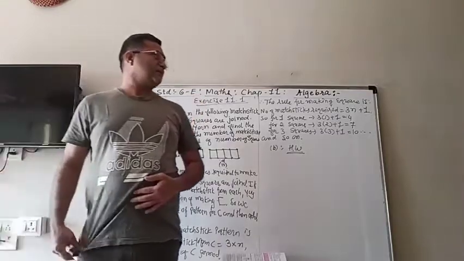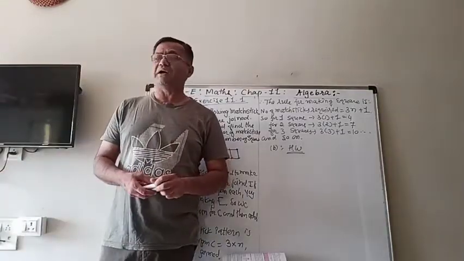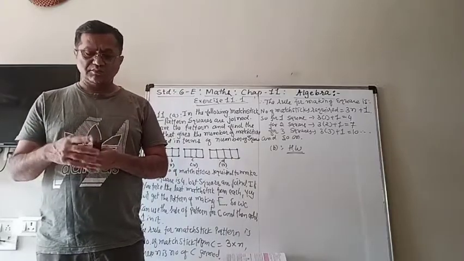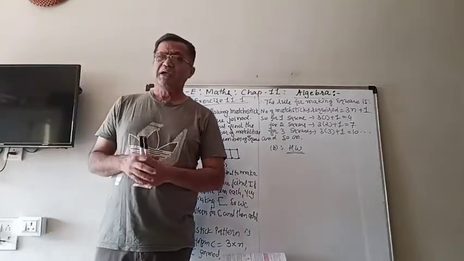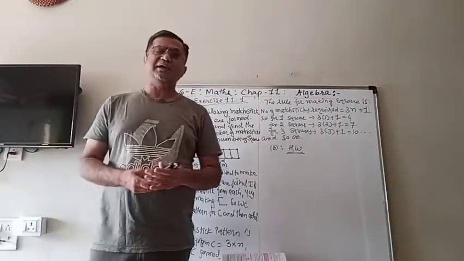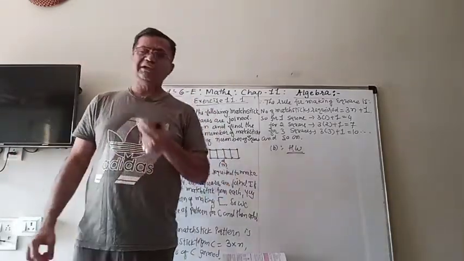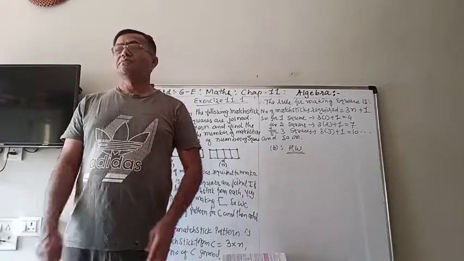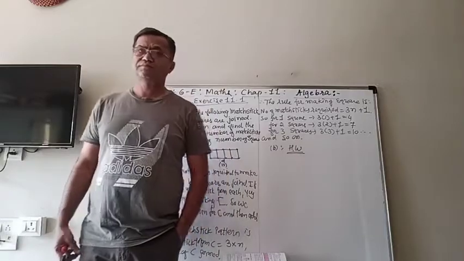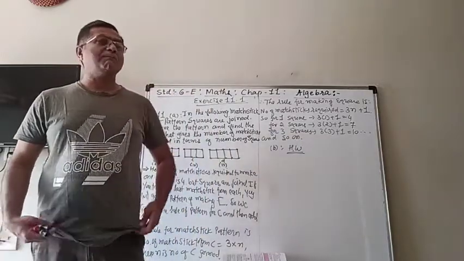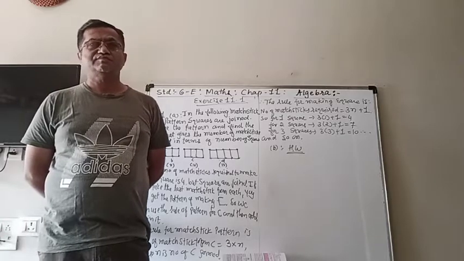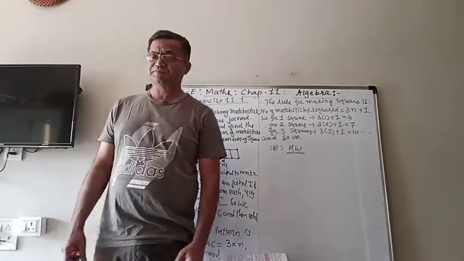The chapter number 11, algebra, that we are busy with. Now in algebra we learn about how to find the rule to make the matchstick pattern of different alphabetic letters.